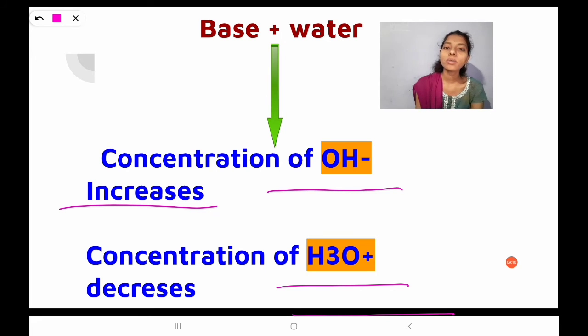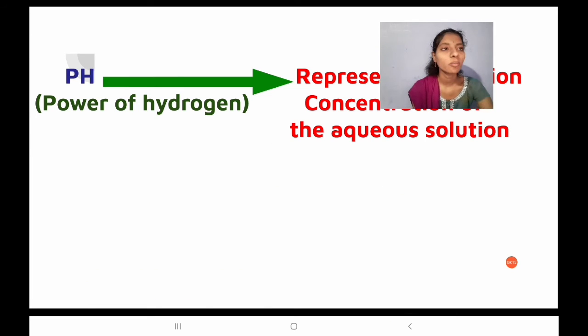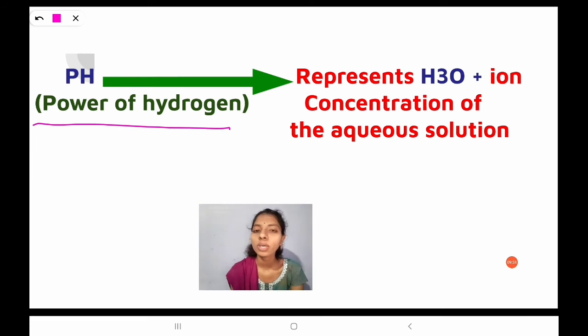So how can we use the pH value here? The term pH indicates the power of hydrogen. Okay, the power of hydrogen. So we are using only one term from the earlier discussion, which represents the H3O+ ion concentration in the solution, or we can say the OH- ion concentration.